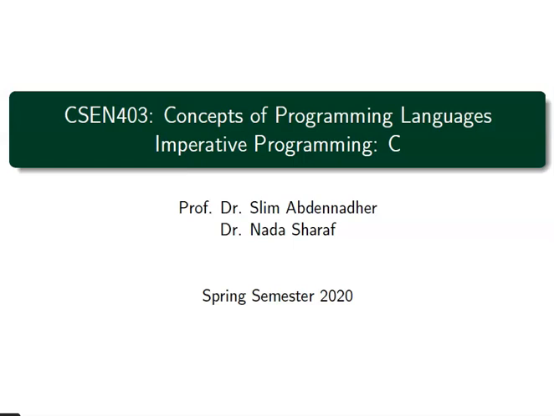So Java is considered to be imperative, however, it's also object-oriented, and you are actually studying Java as an example of an object-oriented language in your 401 course. Okay, so throughout the coming lectures, we will focus on C as an example of an imperative programming language.